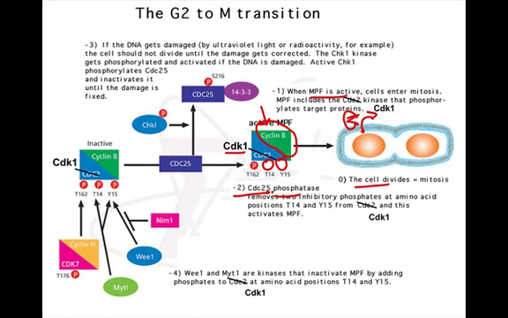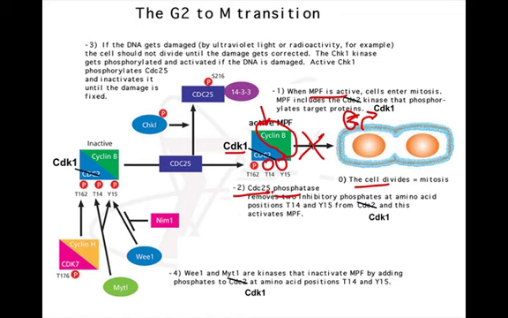Okay, now here's a switch or information control. What if the DNA is damaged? If the DNA is damaged, we do not want to go into mitosis because there's an opportunity to repair the damage. Like if your DNA gets damaged by UV light at the beach, before your skin cells divide, there's an opportunity for a DNA repair activity to go.